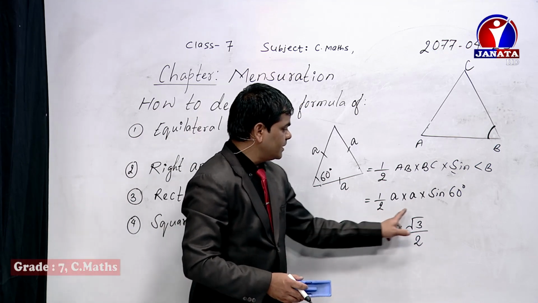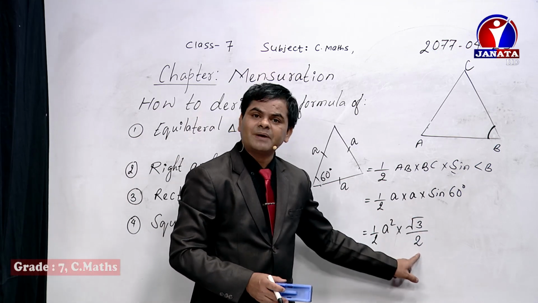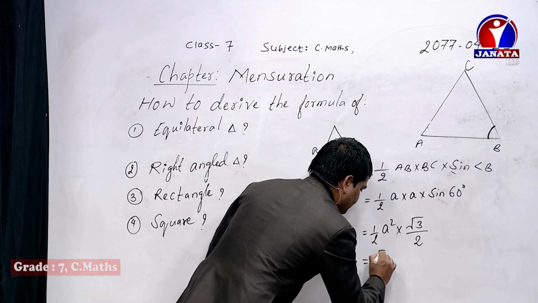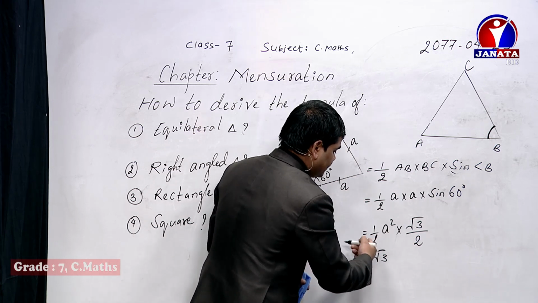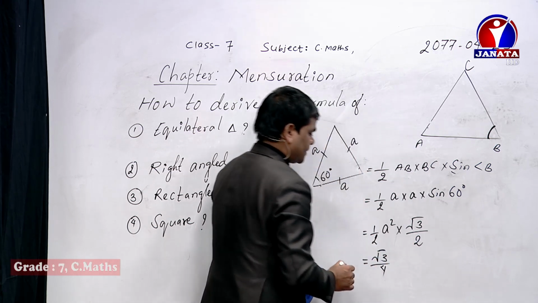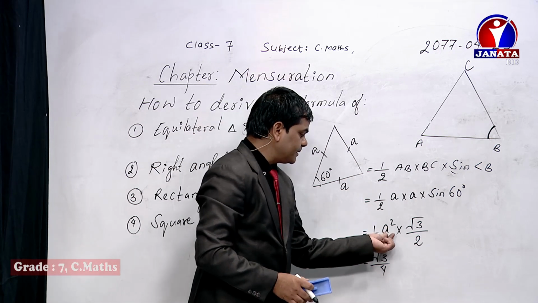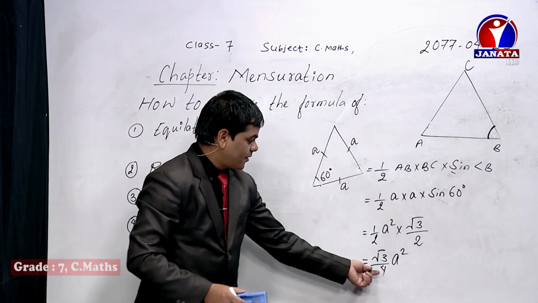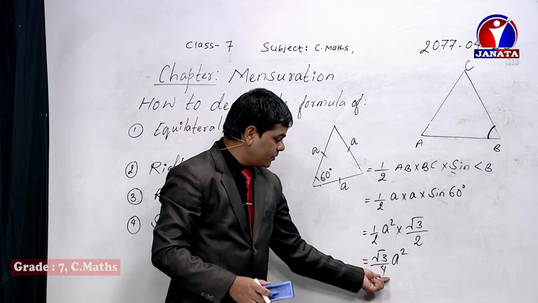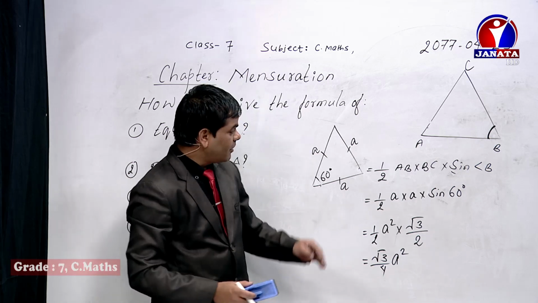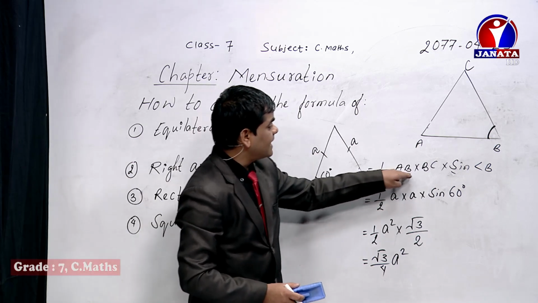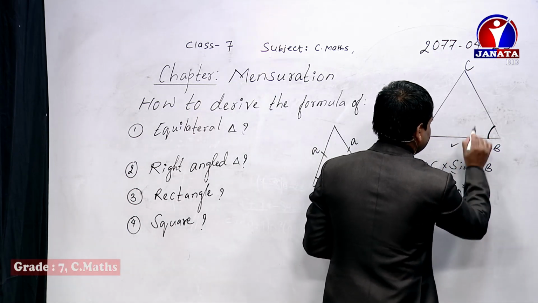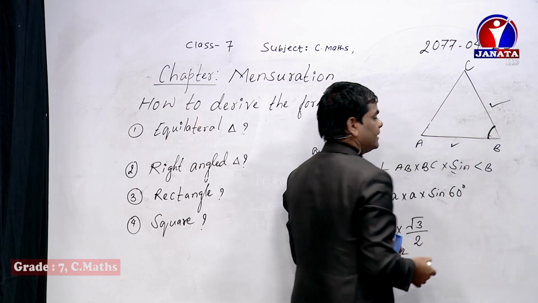So 1 into root 3, root 3 ones are root 3, and 2 twos are 4 down. The variable term is there as A square. So this is the formula; you can have it directly written in your book, but ultimately the formula is derived in this way, by using the concept of the product of two adjacent sides and the middle angle in terms of sine.